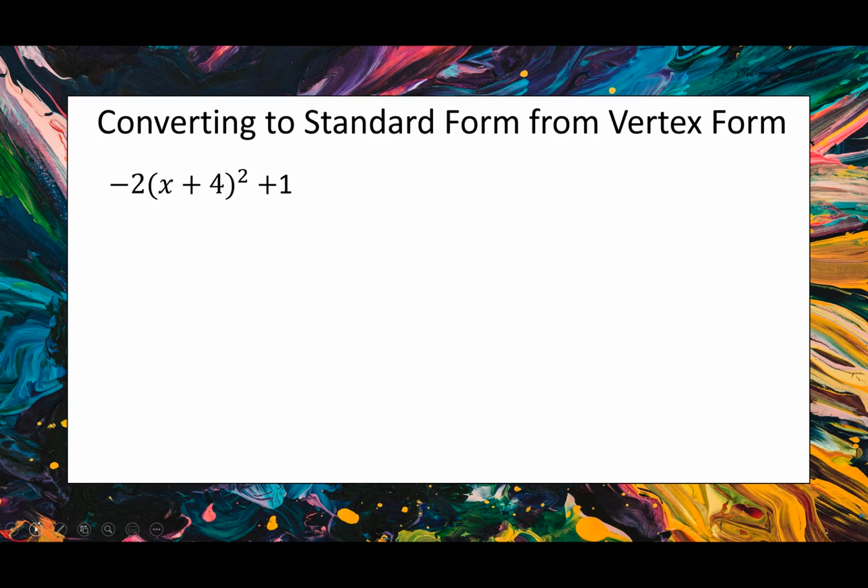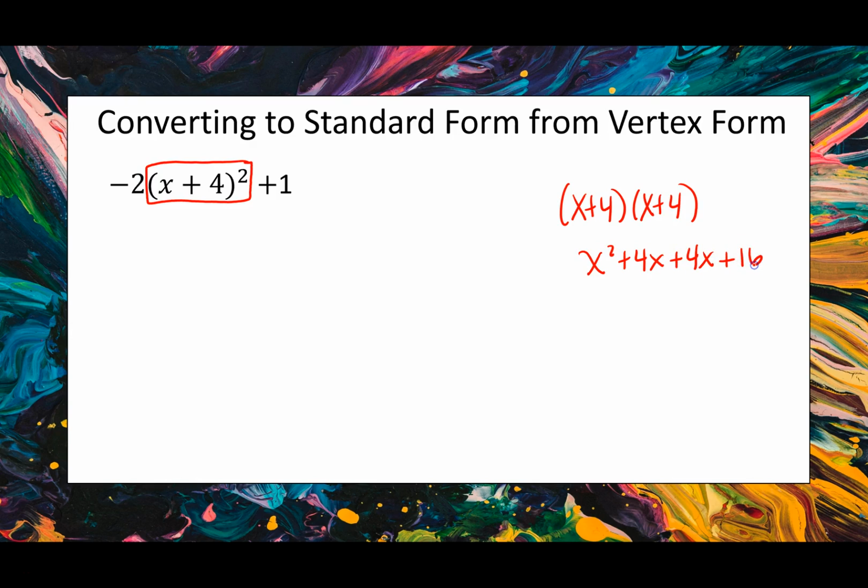Let's try another one. First thing we're going to do here is FOIL this out. We've got exponents first to do. There's no parentheses. So x plus 4 times an x plus 4. That's going to give me an x squared plus 4x plus 4x plus 16.